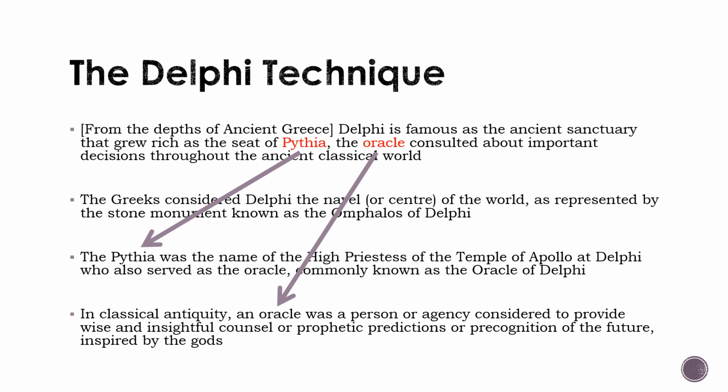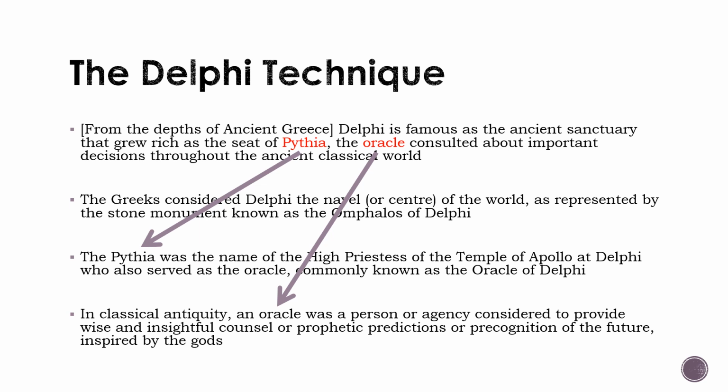And if you understand the story, and feel free to pause this video and go over this story again, you will realize that Delphi is basically a person, right? As the last point says, it is a person who is considered to provide wise and insightful counsel.